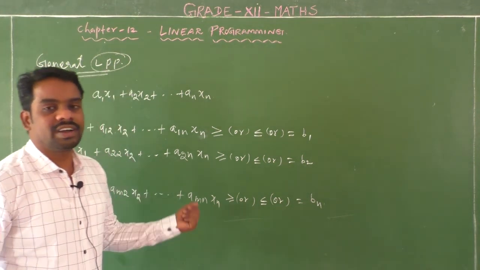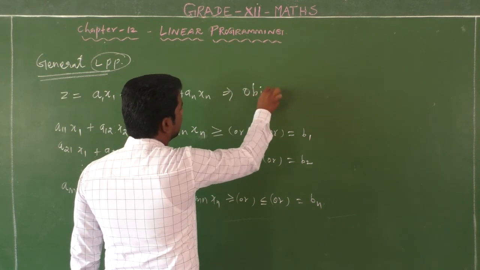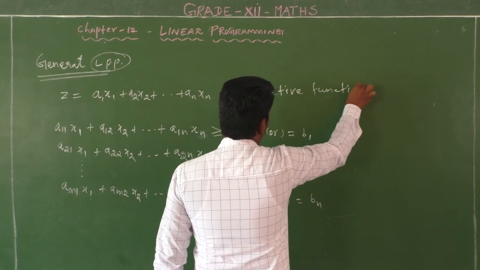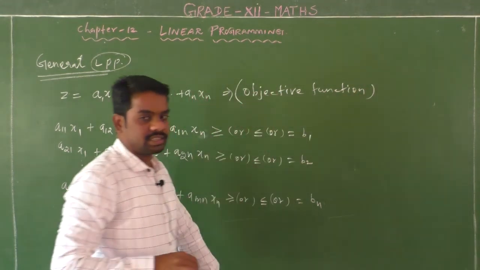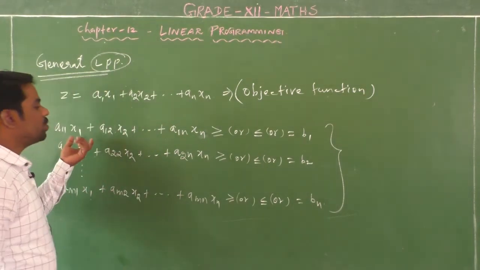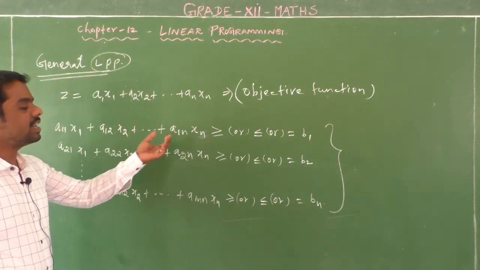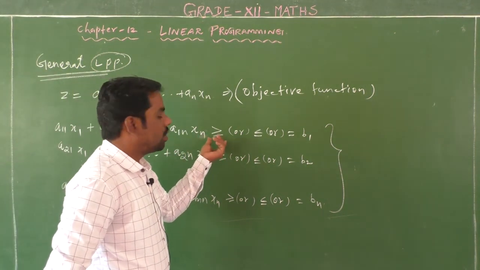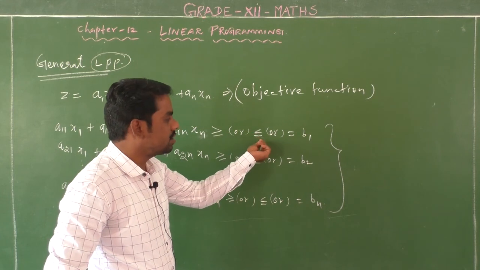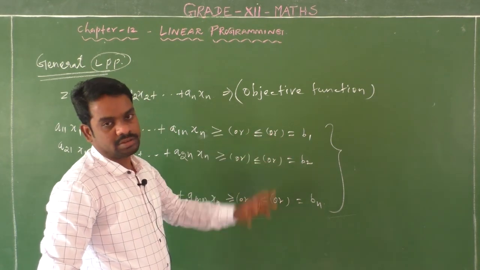this function is called the objective function. Listen here: a11 x1 plus a12 x2 and so on, plus a1n xn is greater than or equal to, or less than or equal to, or equal to b1. Use only one of these: an inequality or an equality.